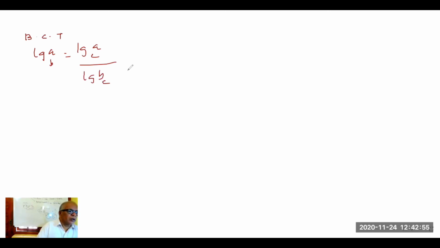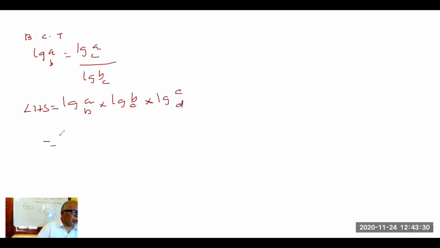So, what is given? LHS: logarithm of a to the base b into logarithm of b to the base c into logarithm of c to the base d.